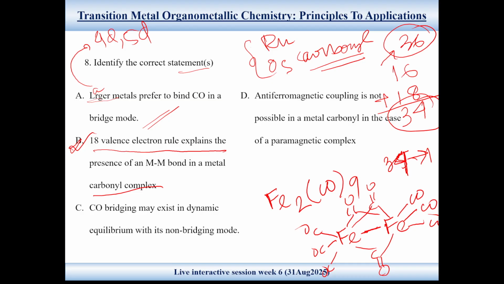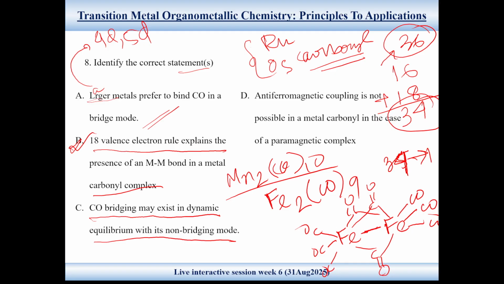Now option C: CO bridging may exist in dynamic equilibrium with the non-bridging mode. What can it be? Like if you have a manganese complex, Mn2(CO)10, a similar kind of complex, when the complex exists in the solid state, solid state means a frozen structure.